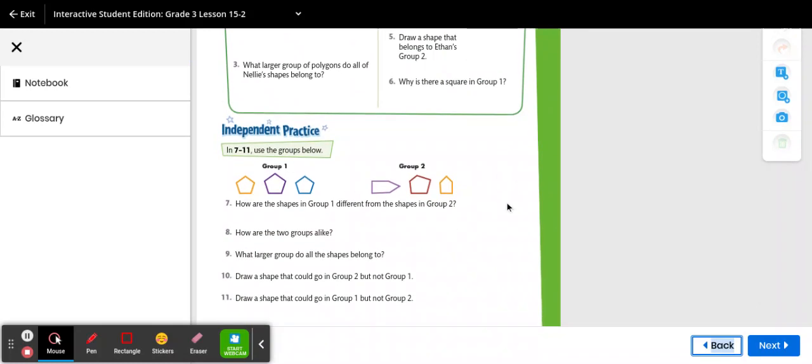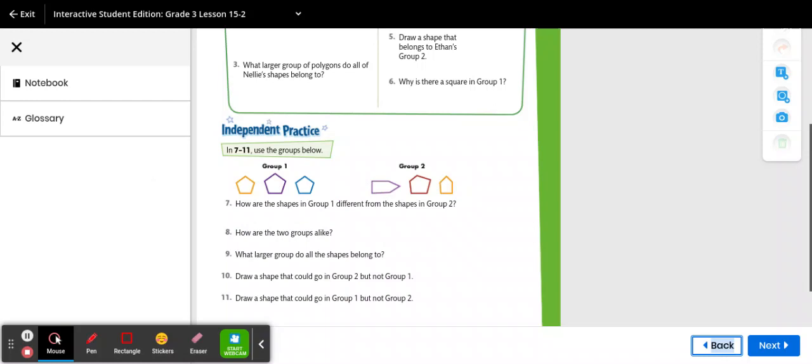Let's look at independent practice. We are looking at group 1 and group 2. How are they alike? That's right, they all have 5 sides. Now in group 1, I'm not going to expect you to write.